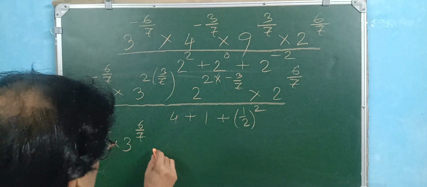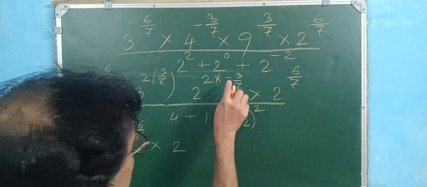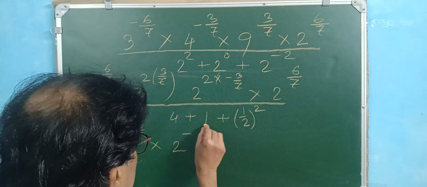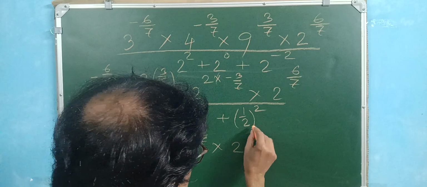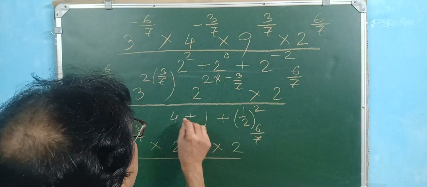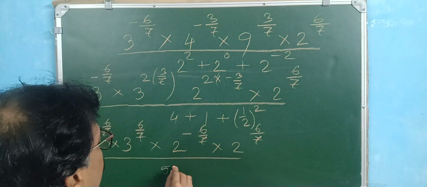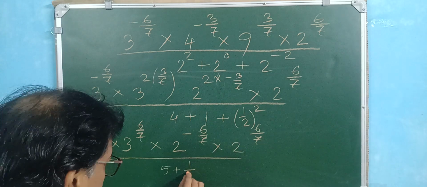Now this is all multiply, this is 2 to the power minus 6 by 7, and here is 2 to the power 6 by 7, and this is ultimately 4 plus 1 is 5, 5 plus 1 by 4.